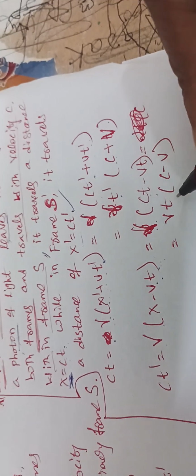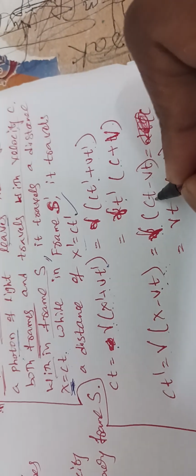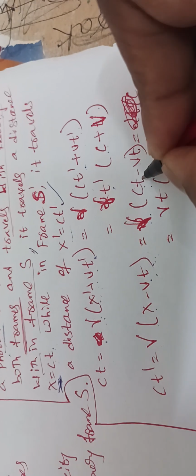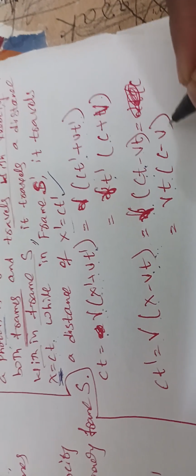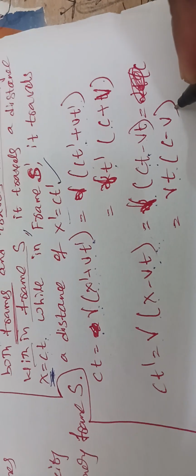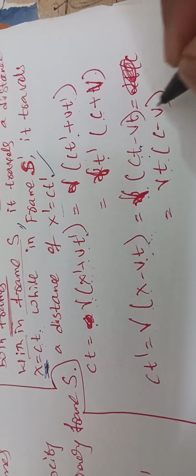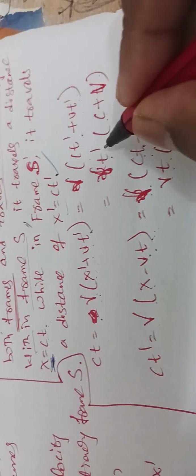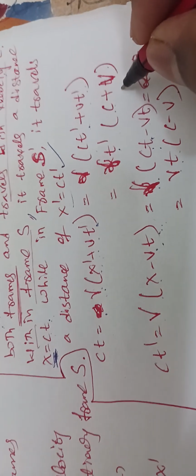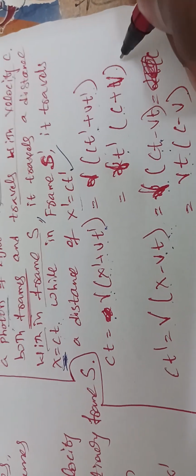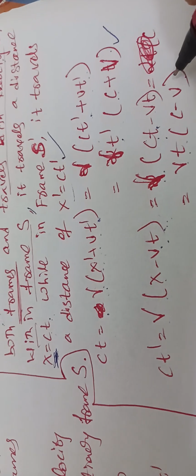Substituting x equal to ct and taking t common, gamma t into c minus v. So ct dash equals gamma t into c minus v, where ct equals gamma t dash into c plus v.